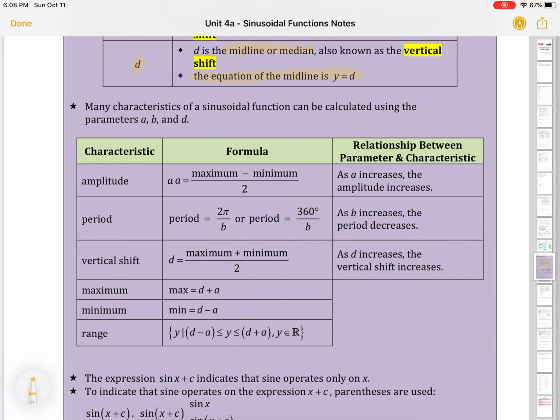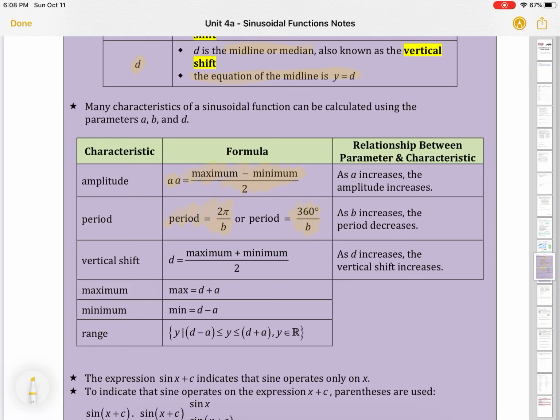Many characteristics of the sinusoidal function can be calculated using these parameters. So be familiar with these. You can find the amplitude because it's equal to A. It's also the maximum minus the minimum over 2. You can find the period because it's either 2 pi over B or 360 over B. As B increases, the period decreases.